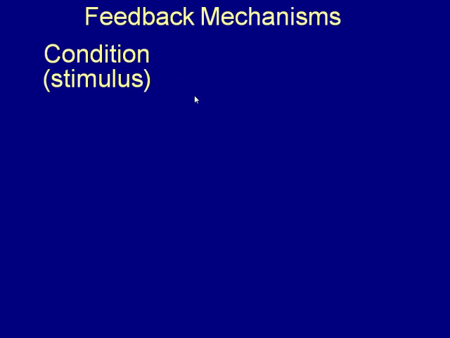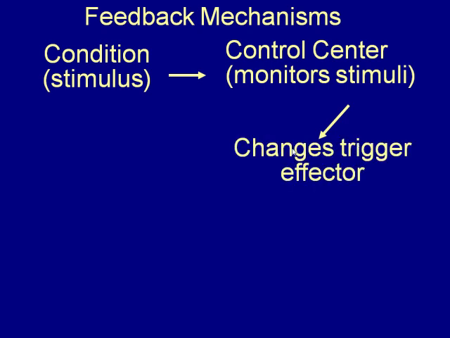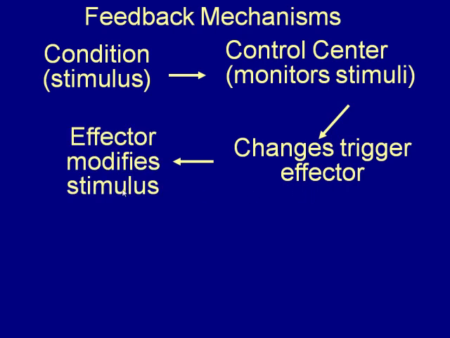Your condition or your stimulus is fed into a control center which monitors the stimulus. If necessary, a change in the stimulus will trigger an effector that will modify the condition, and that information will continually be sent to the control center. So the control center knows, are we up or are we down?